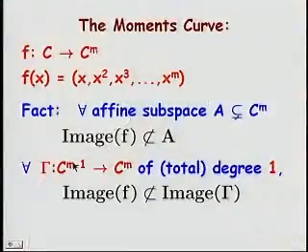I can write it equivalently as follows. For any polynomial mapping gamma from C^(m-1) to C^m of total degree 1, so gamma is just an affine mapping, the image of f is not contained in the image of gamma.